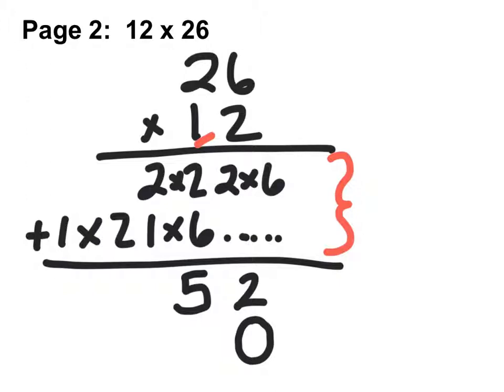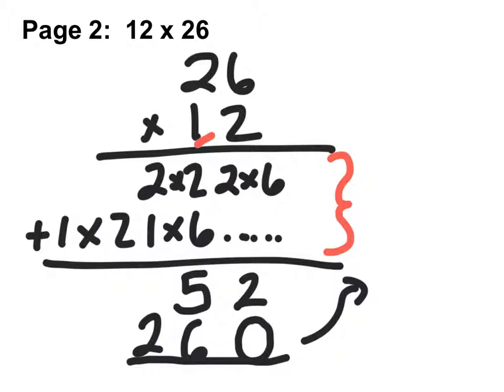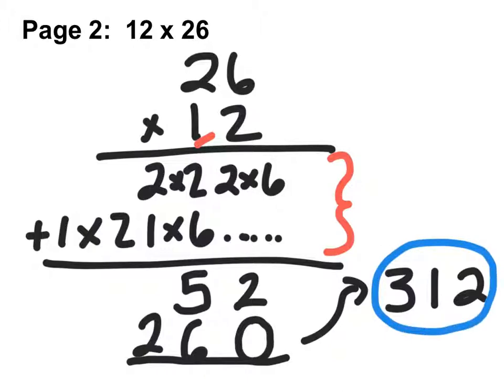And then the 1 times 6 is 6, and the 1 times 2 is 2, and then you add those together. Sorry, I ran out of room. So I have 2, and then 5 plus 6 is 11. So then you carry, and then 1 plus 2 is 3. So you end up at the same place. So you still have the 312.